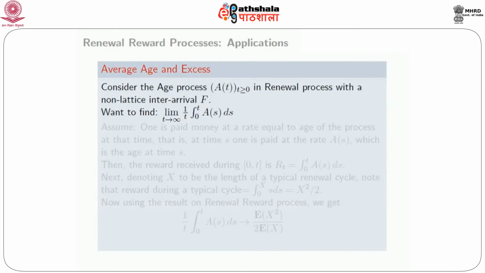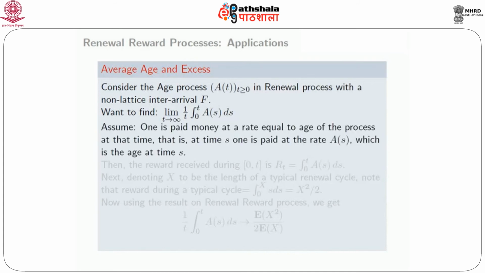Precisely, the integral from 0 to t of A_s ds divided by t, and we want to know the limit of this. To go about it, assume that one is paid money at a rate equal to the age of the process at that point of time. That is, at time s, one is paid at the rate A_s, which is the age at time s.